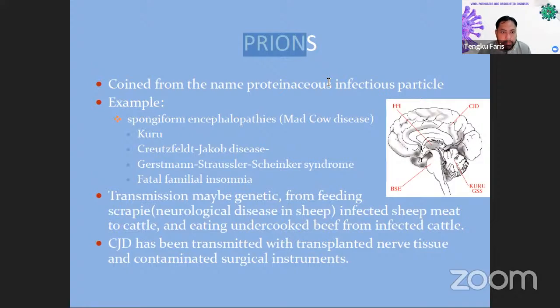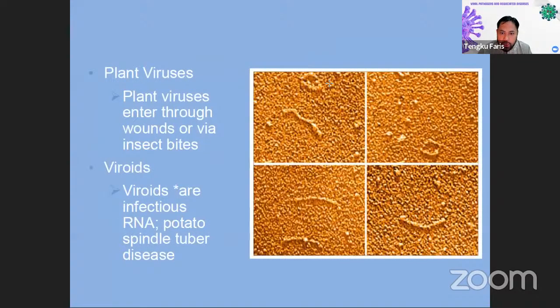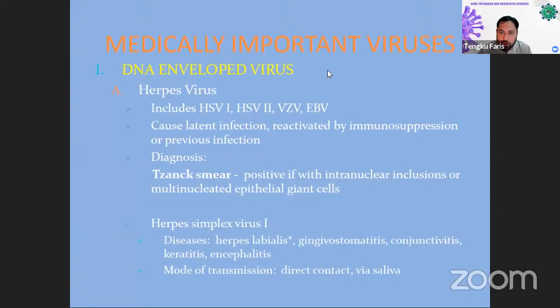You will have central nervous system problems. Apart from that, plant viruses can also cause lots of complications to plants. Potatoes, for example, are also infected by viruses. Not only animals or humans, plants also come into this category.